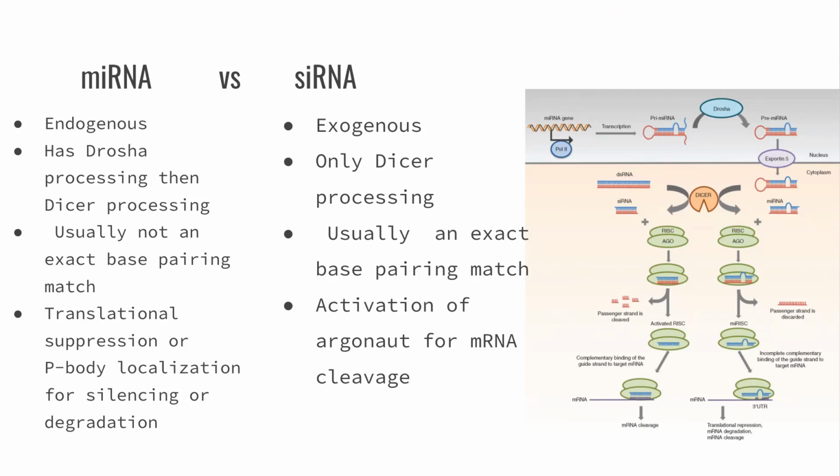Translational suppression or P-body localization for silencing or degradation with miRNA, whereas for siRNA, usually there's just immediate activation of Argonaute, which leads to cleavage and degradation.